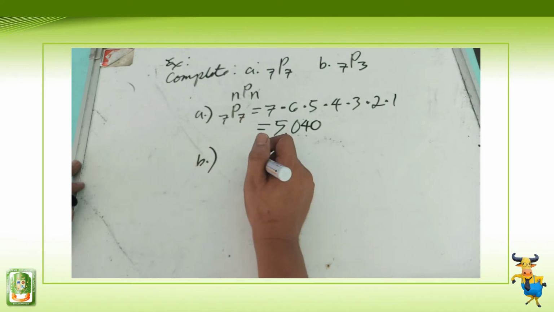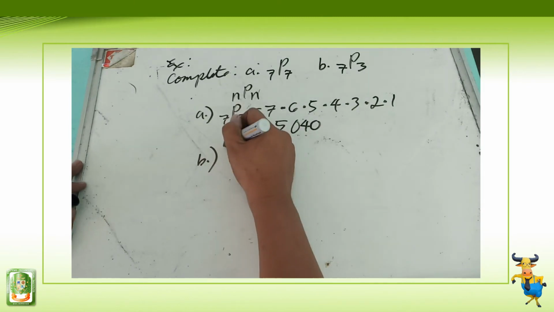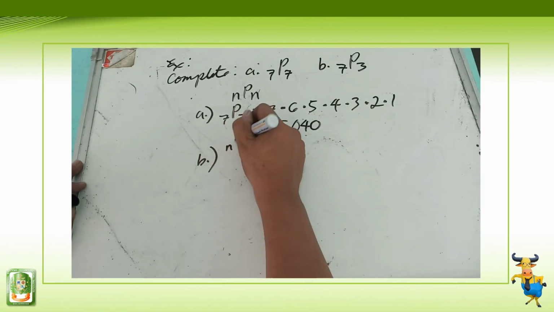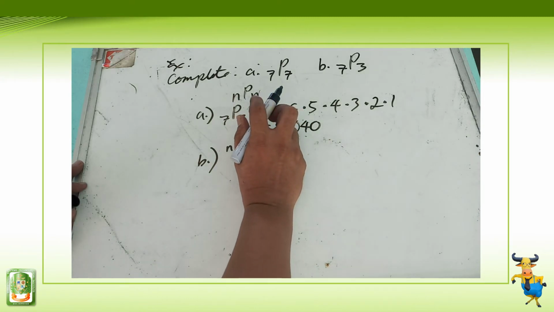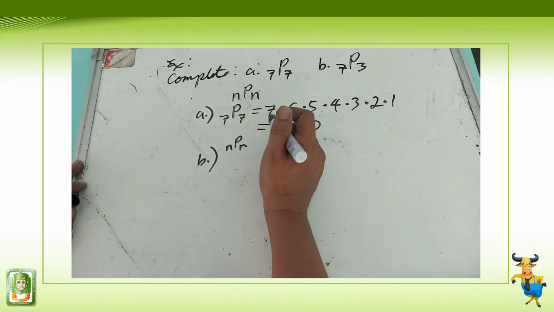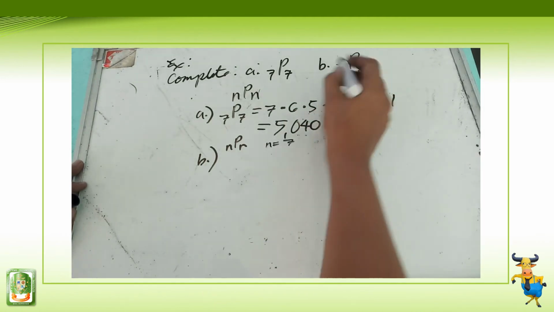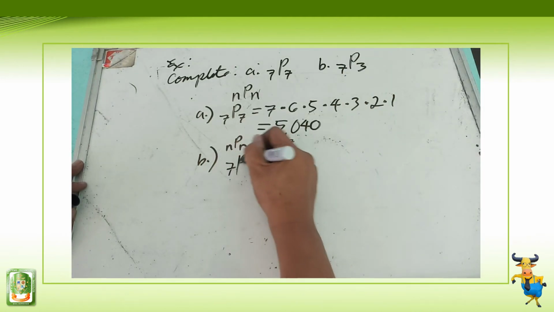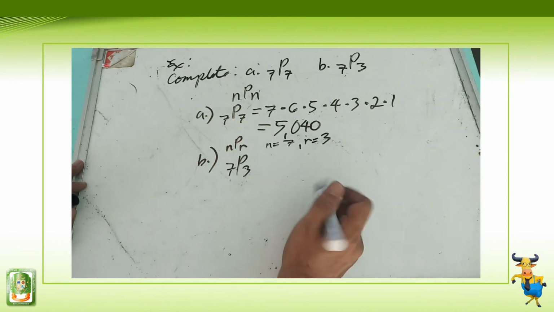In letter B, we are going to use the formula of n things taken r at a time. So, n is 7, doon sa given natin, and r is equal to 3.